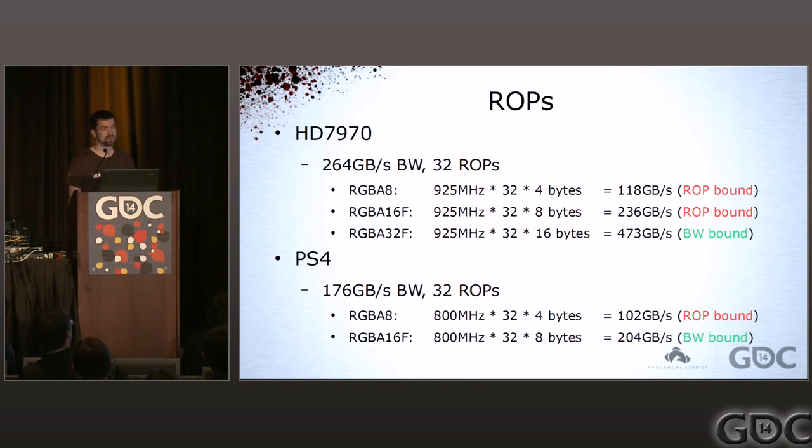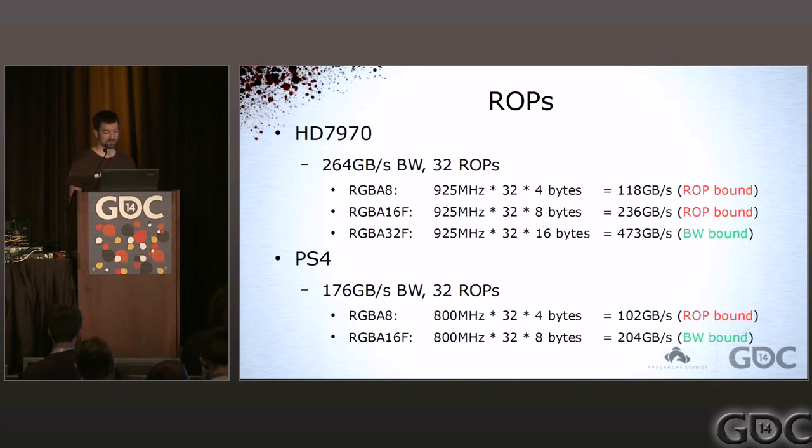One of the things on the hardware that hasn't really kept up with the evolution of other parts is the raster operations. They don't scale up a lot between different generations. Usually, you can keep the same number of ROPs for many generations.